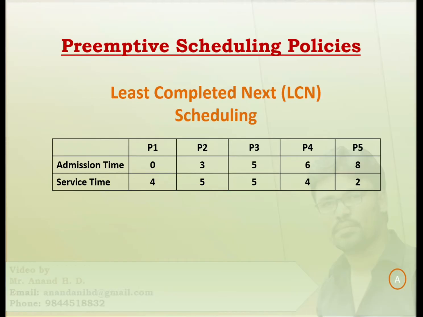Now, let us schedule these 5 processes by following least completed next scheduling policy by considering a time slice of 1 time unit. That is, running process will be preempted after every 1 time unit and will be put at the end of ready queue.